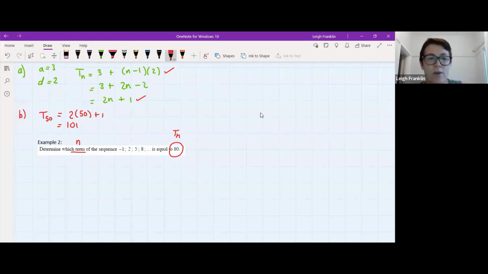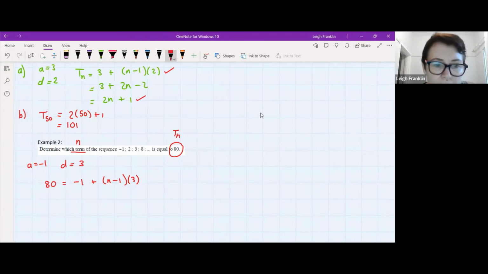Right, so we recognize that this is an arithmetic pattern because there is a constant difference of 3. So A is equal to -1 and D is equal to 3. It's arithmetic, so we must use the arithmetic term formula. So Tn, 80, is equal to A plus n minus 1 times D. All right, so subbing in to the correct formula will get us 1 mark.